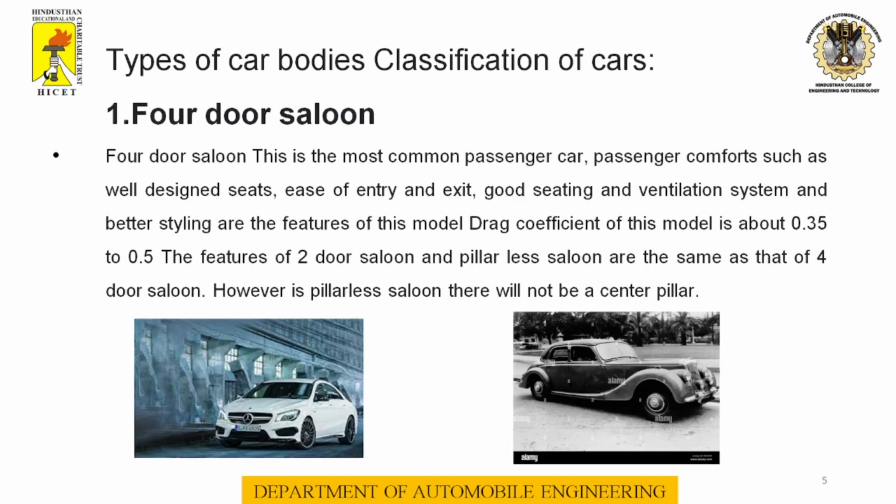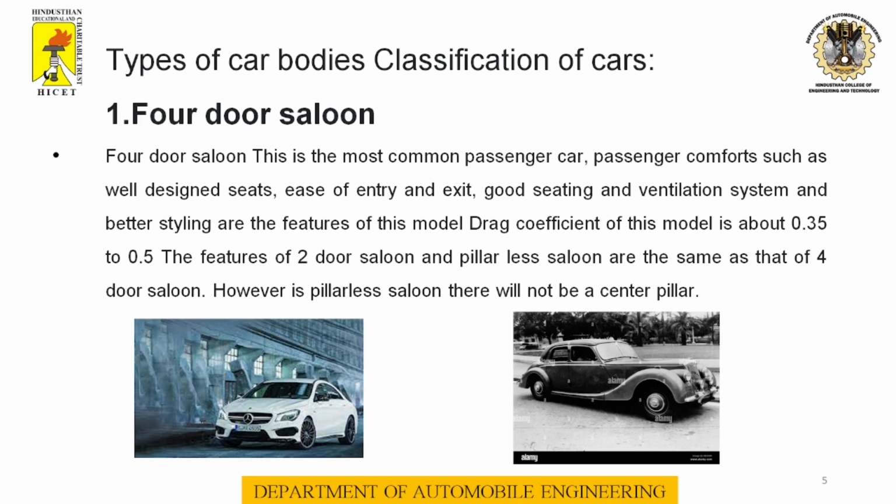4-door saloon model. This is the most common passenger car. Passenger comforts such as well designed seats, ease of entry and exit, good ventilation and good seating, along with better styling, are the features of this model. The drag coefficient is also very low, about 0.35 to 0.5.